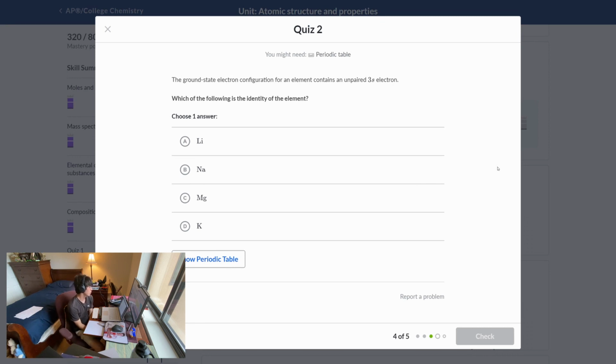Ground state electron configuration for an element contains an unpaired 3s electron. The what now? The ground state electron configuration. What's an unpaired electron? Oh, so 3s. Wait, how can you have 3?